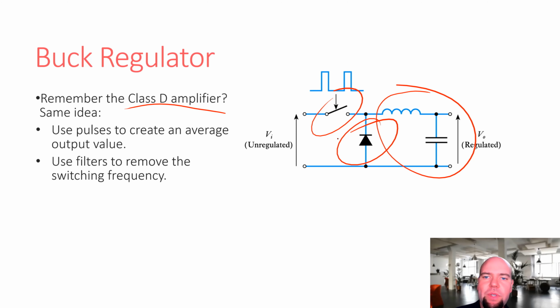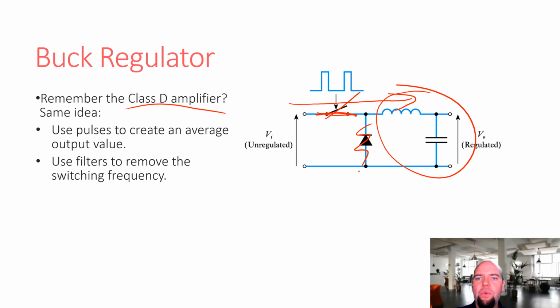The reason for the diode is when this switch opens. When this switch is closed, we have current flowing through the inductor. And then what happens when the switch opens? Well, if the switch opened and this diode weren't here, we would be open circuiting an inductor. Unfortunately, the current through an inductor cannot change instantaneously.